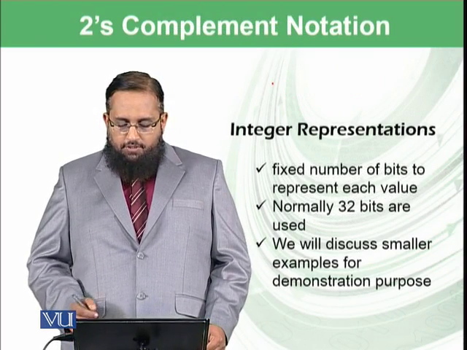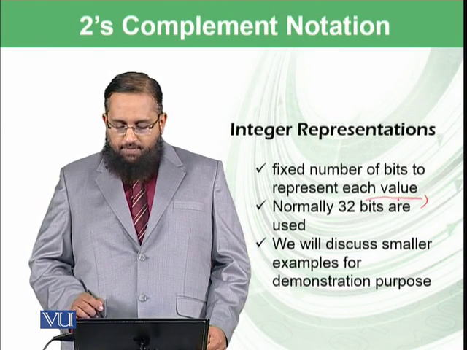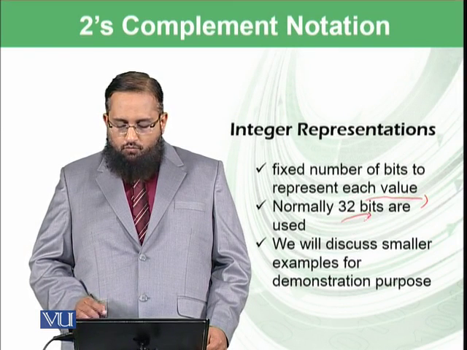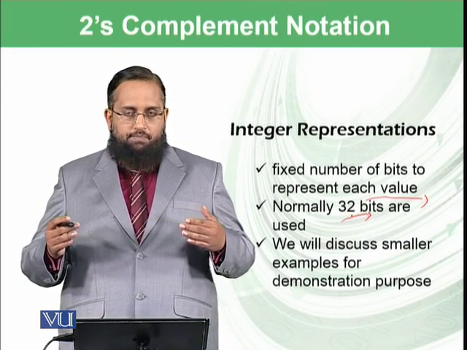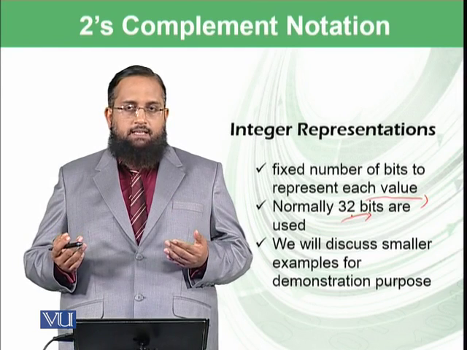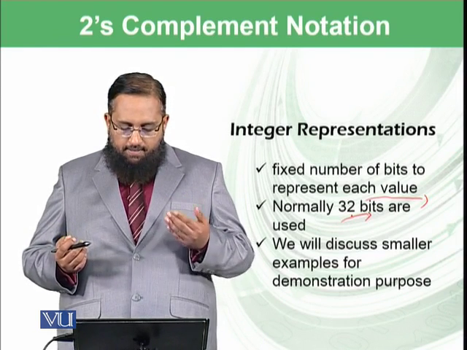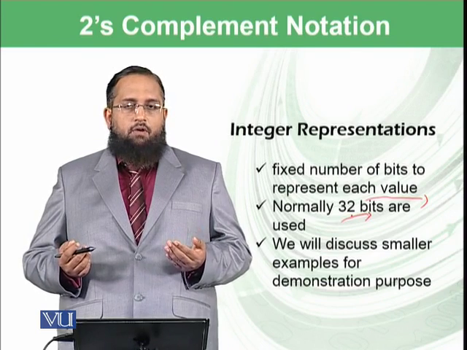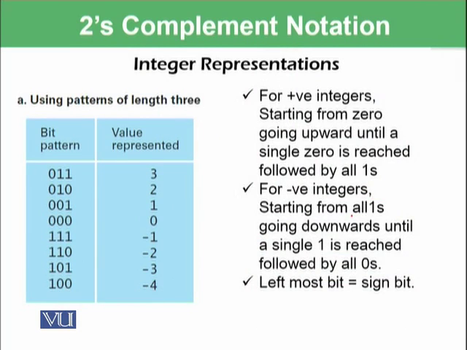Today's computers use a fixed number of bits to represent each value, and normally they use 32 bits. However, demonstrating 32 bits in this module would be very difficult, so we will discuss smaller examples for demonstration purposes. Let's see one example using a 3-bit pattern.